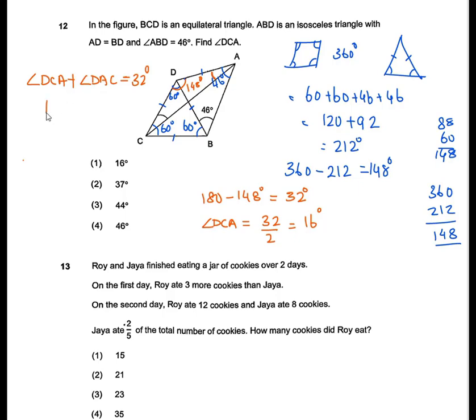So it's like saying two equal units are equal to 32. So 2 times this unit is equal to 32, so one unit is equal to 32 divided by 2, which is 16 degrees. So this is our right choice, 16 degrees.